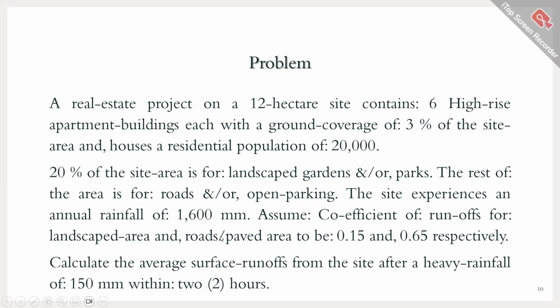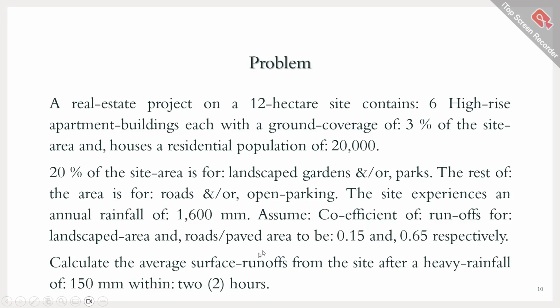The ground is basically artificially covered. But in case of landscape area for garden and all, the ground is not covered. So most of the rainfall that occurs in case of landscape will get percolated inside the soil because the land is not cemented. So runoff will be less. So runoff coefficient will be less, 0.15.